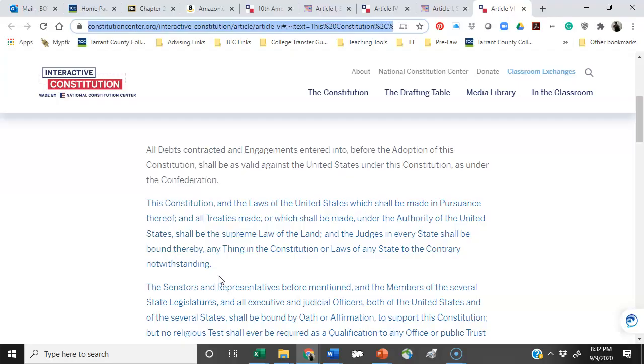States are going to be bound by this Constitution and the laws of the United States. So if the federal government decided, and in many years past they certainly have, that they wanted to go in and shut down dispensaries in Colorado or California, they could do so because those people are violating federal law.